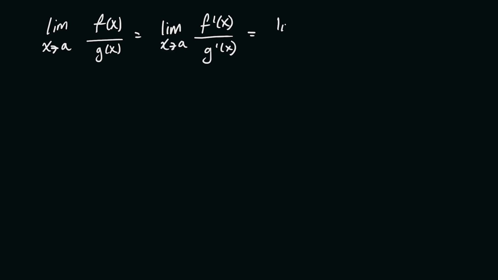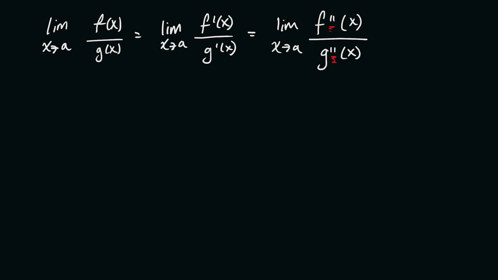It'll be equal to the limit as x is approaching a of f double prime of x over g double prime of x. Now, remember how we spoke about these double primes? In our previous calculus video, we said that those were higher order derivatives, derivatives after derivatives.